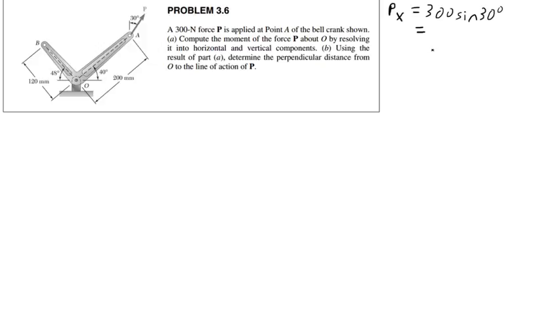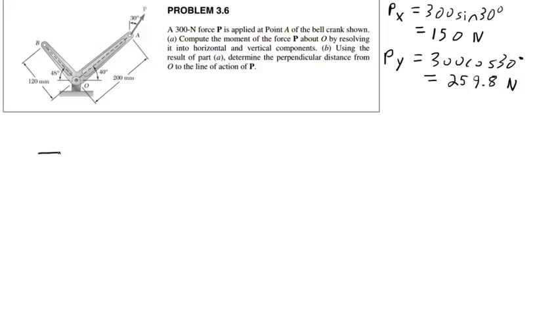And we'll come to exactly 150 newtons. Py will be equal to 300 cosine 30 degrees, which is approximately 259.8 newtons. Now, what I need to consider here is a triangle.